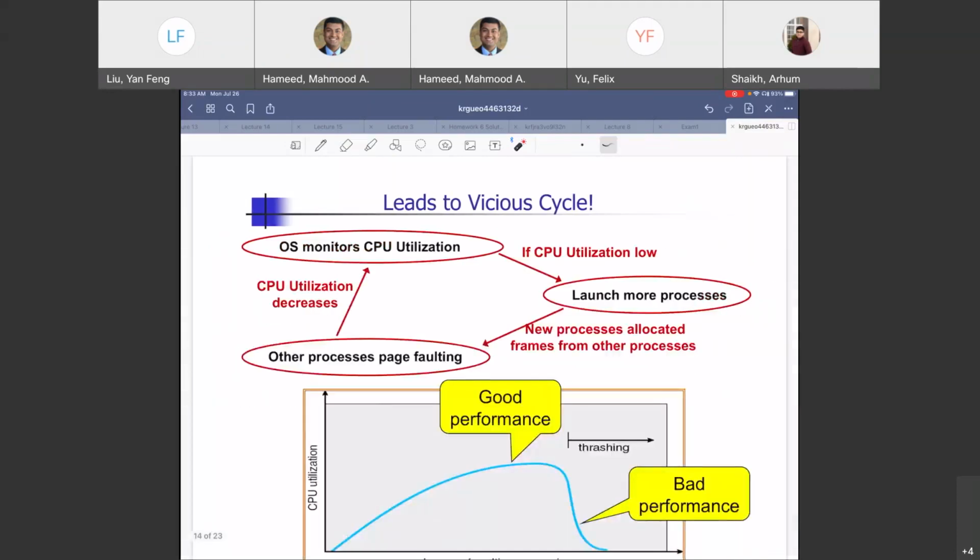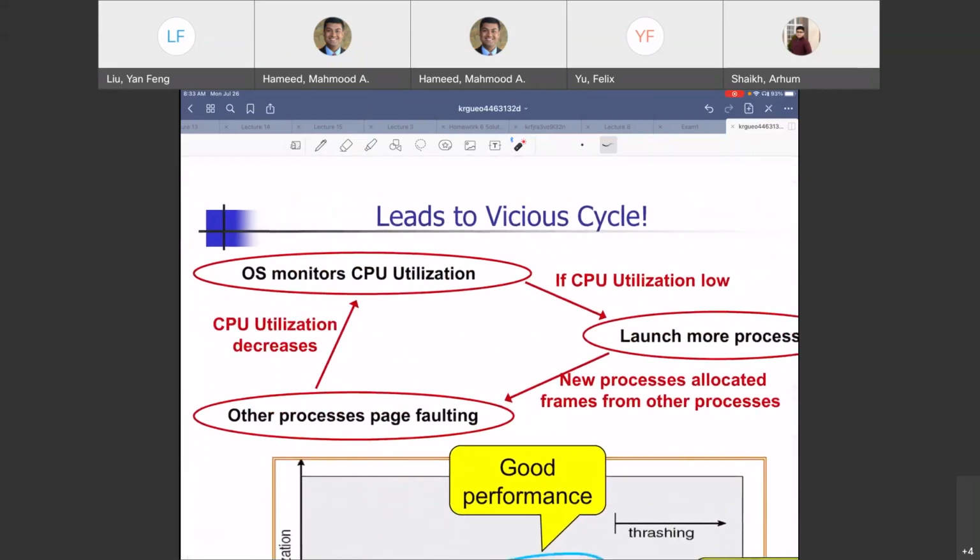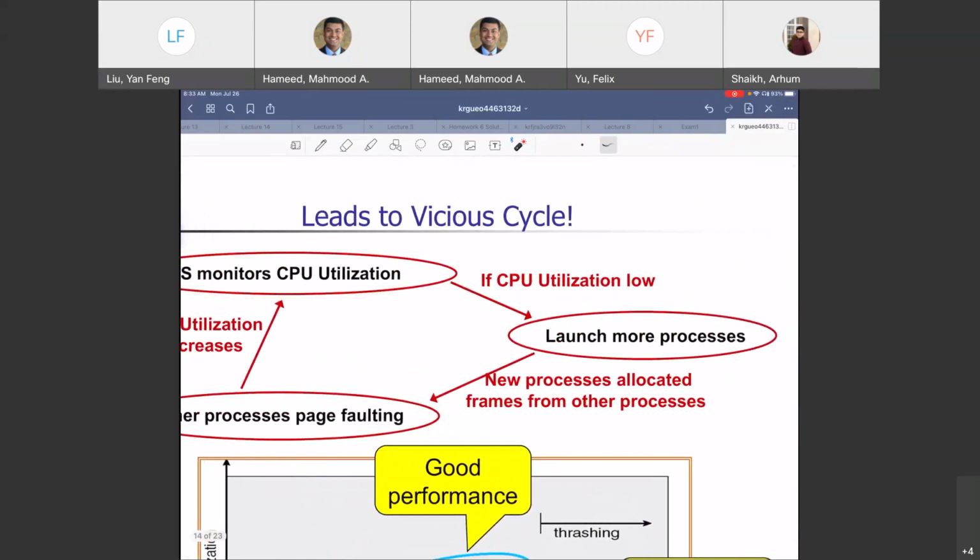But this is going to lead to a vicious cycle, which is explained over here. Let's talk about this first at the top. The operating system monitors the CPU utilization. If the CPU utilization is too low, then it launches more processes. So instead of 2 processes, now we have 10. As you launch more processes, the CPU can start working on them, which is good, but we also have to allocate frames to them. New processes will get allocated frames from other processes.